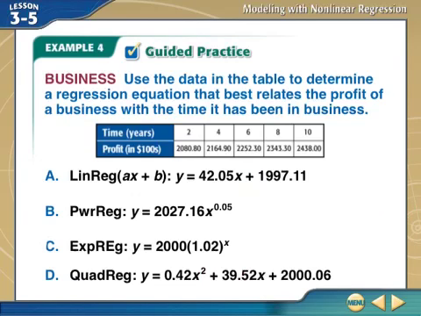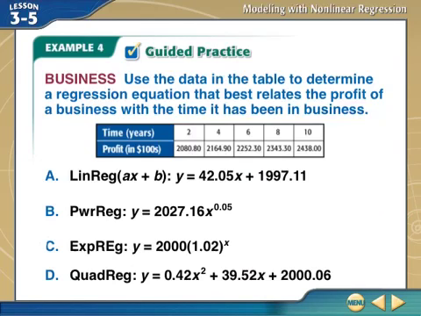In example 4 guided practice, we're asked to use the data in the table to determine a regression equation that best relates the profit of a business with the time it has been in business. Time in years and profit in 100,000s is given.